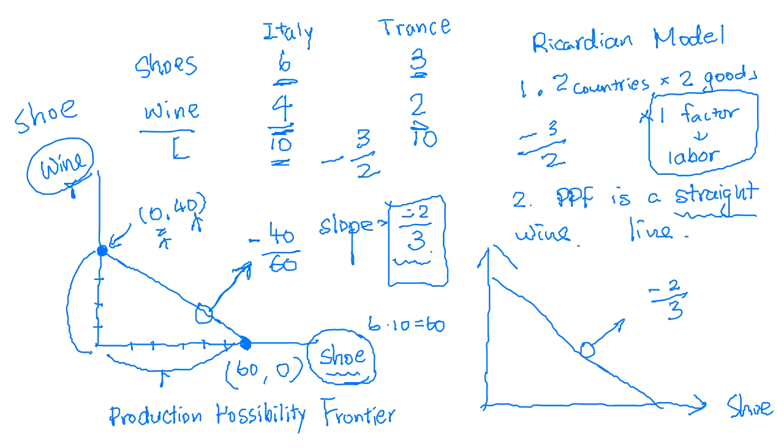Italy, simply because Italy's labor productivity is higher. So Italy has the absolute advantage in producing shoes, and it's the same thing for wine. Comparative advantage means everything is in ratio. You compare the marginal productivity of labor in shoes and in wine, and compare the opportunity cost of producing wine or shoes.